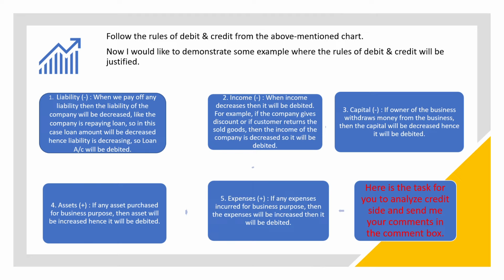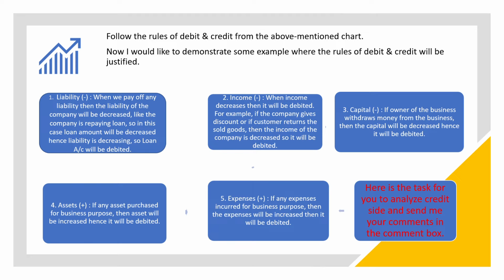So we debit the loan account, that is L minus. When income is decreased, how is it debited? Let's say an example: if your company gives a discount or a customer returns the purchased items, your income decreases. Hence, it is debited because your income is decreasing.